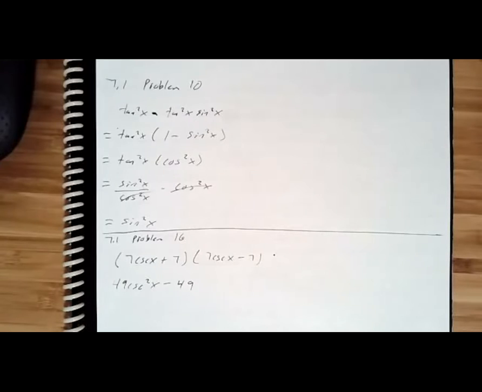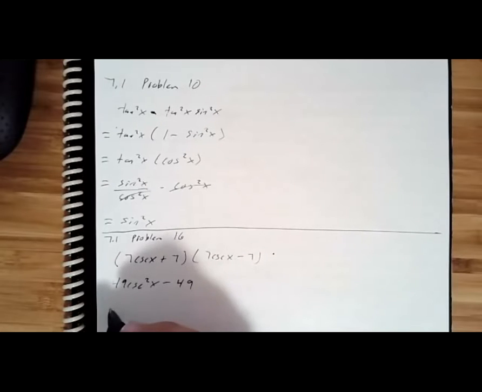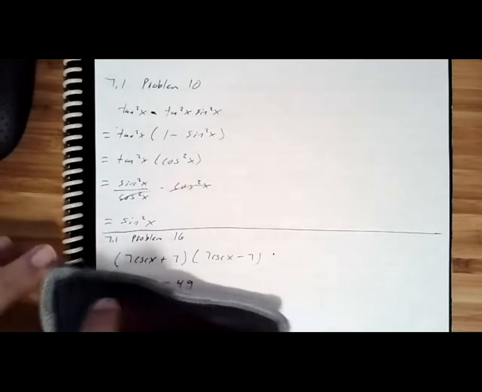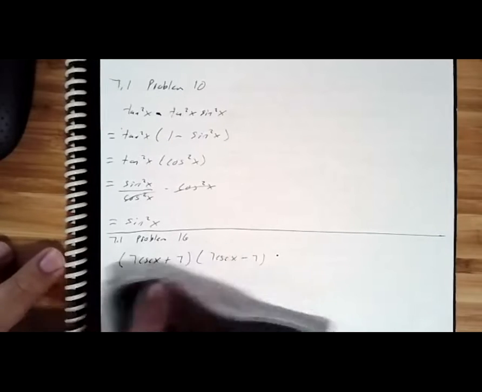I factored out the 7 though. That should be your answer. Oh, did I have to distribute the 7 back in? No, I mean, it's supposed to be a 49, not just a 7. What I ended up doing was I took the 7 out and then I did difference of squares on the leftovers.